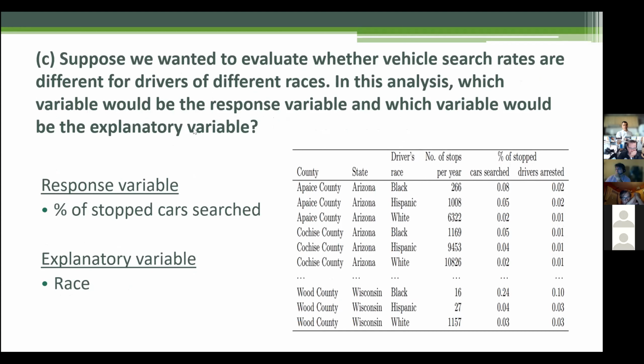The explanatory variable is race, and the response variable is the percent of cars searched and drivers arrested, by race. You see here the data is grouped by race.